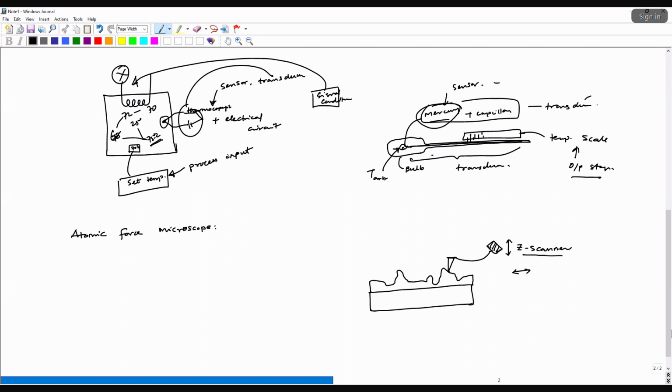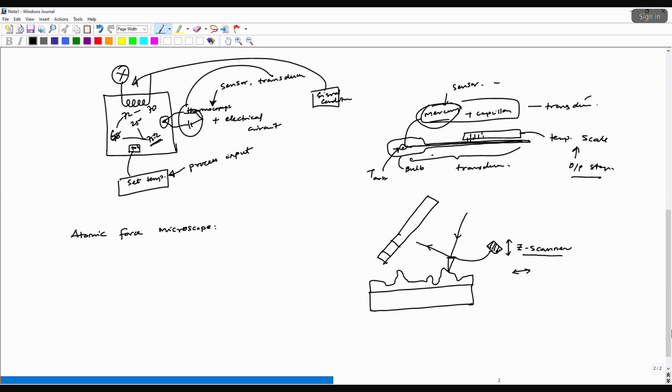Now, the top surface of this cantilever is basically reflecting. So when you shine a beam of light, it reflects, and this light falls onto something called a photodetector.